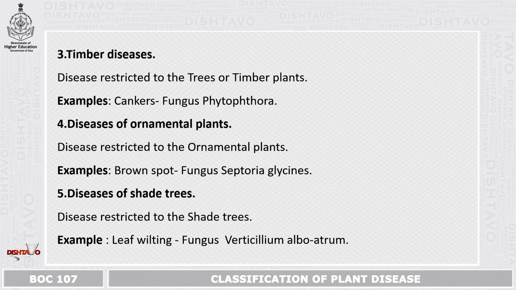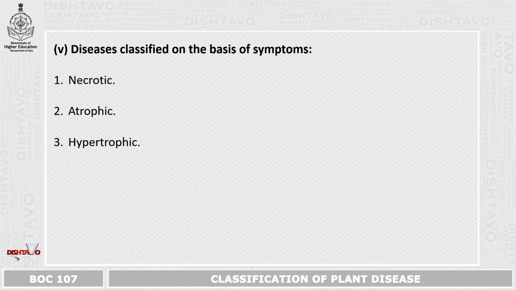The diseases are restricted to the ornamental plants only. The example is brown spot, which is caused by the fungus Septoria. Fifth one is disease of the shade trees, which will be restricted to the shade trees. Example is leaf wilting, which is caused by the fungus Verticillium albo-atrum.